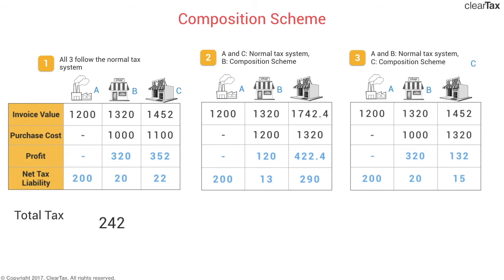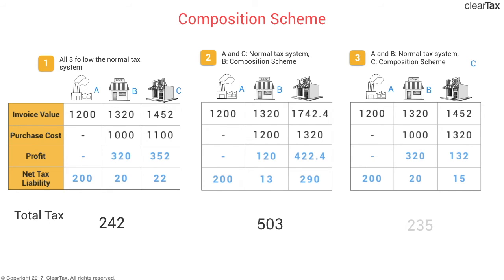In the second scenario, here's a shocker. It's a whopping 503. That's more than double the first scenario. Remember, the middle one, B, has opted for the composition scheme: 213 and 290, 503.